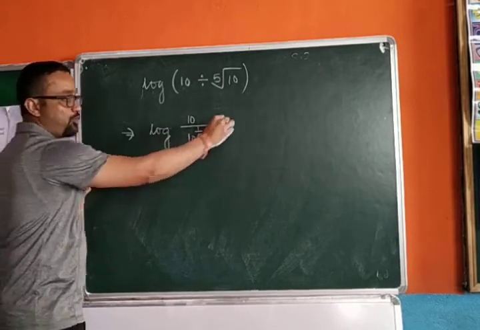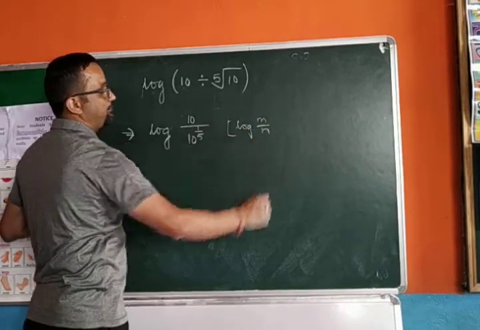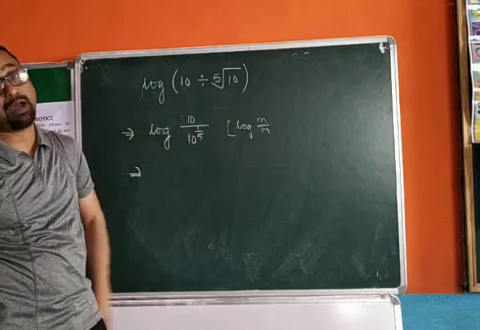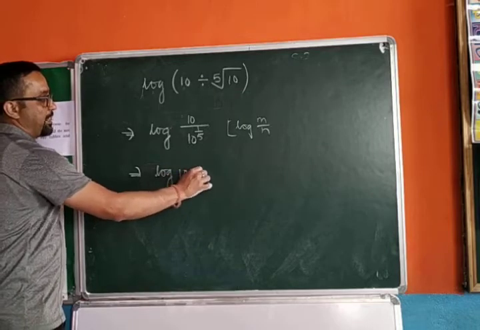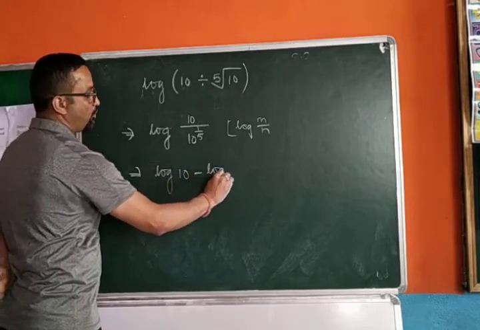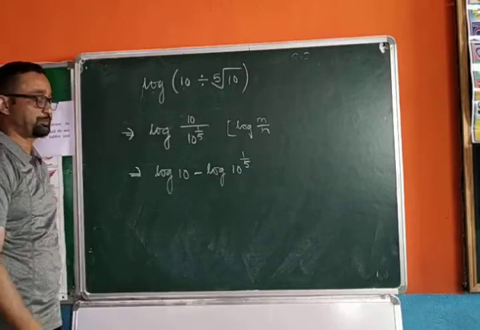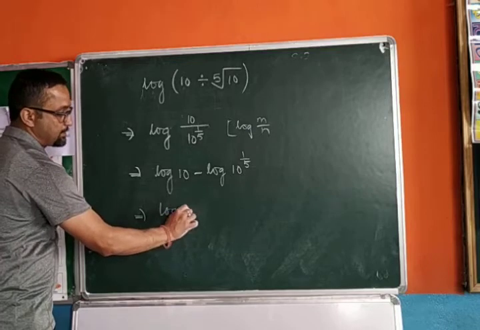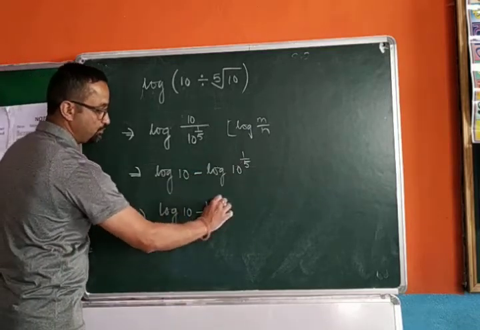It is in the form log m upon n, and when there is division it is taken as minus. So we write log 10 minus log 10 to the power of 1 upon 5. Log 10 we write as it is, minus, the power comes in front of the logarithm.